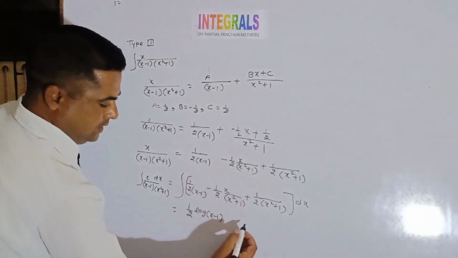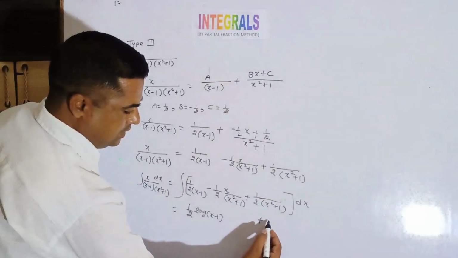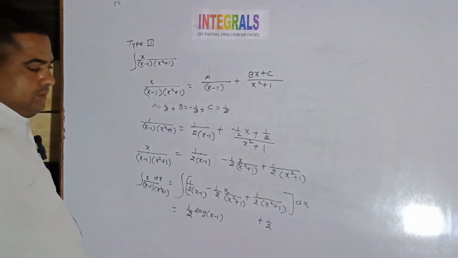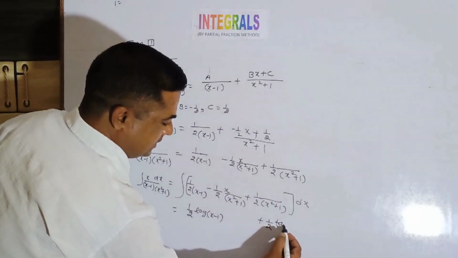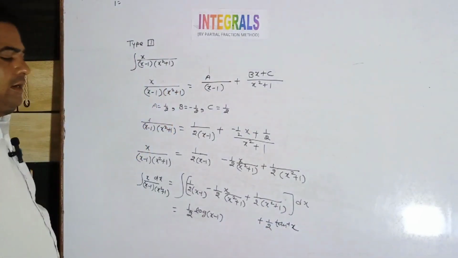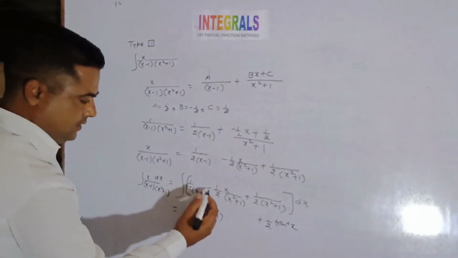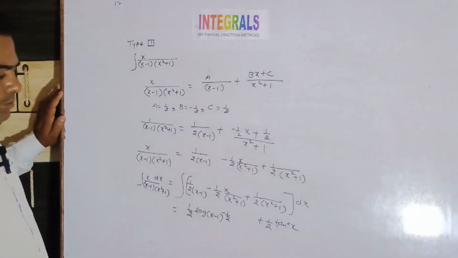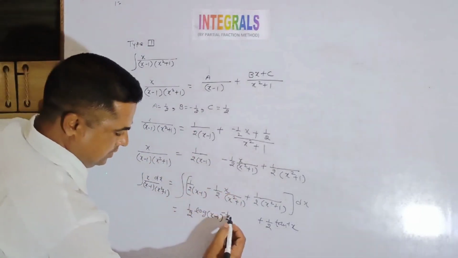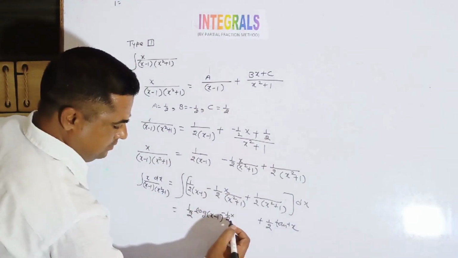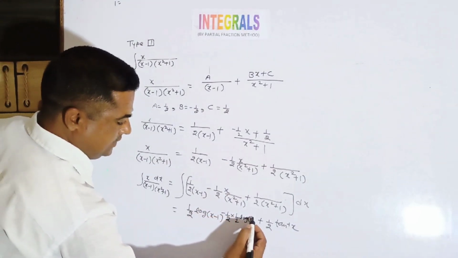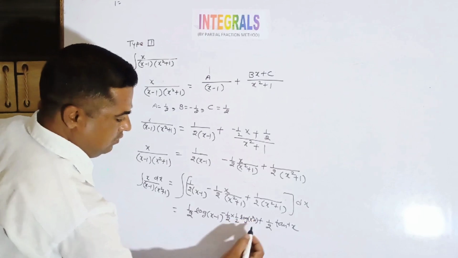The integral of 1 by 2 times 1 upon 1 plus x square will be tan inverse x. For the part with minus 1 by 2, we do integration by substitution, which will be 1 by 2 log of x square plus 1.